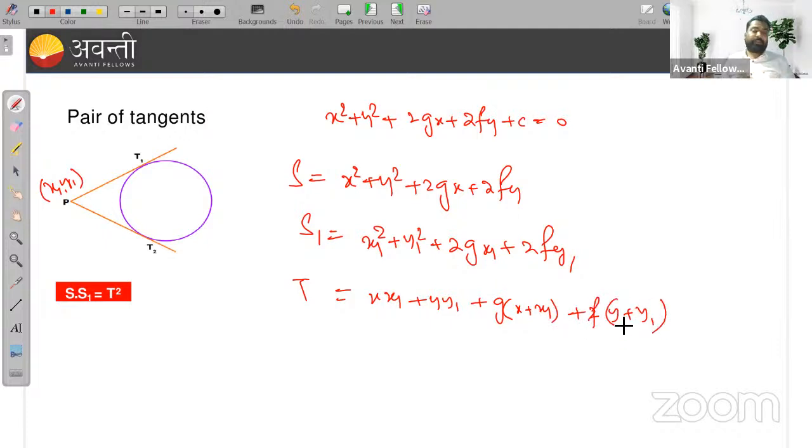So this is my T. So here, the equation of pair of tangents is S into S1 is equal to T square, right? S into S1 is equal to T square represents the equation of pair of tangents. Remember, got my point or not? Clear? Sure.